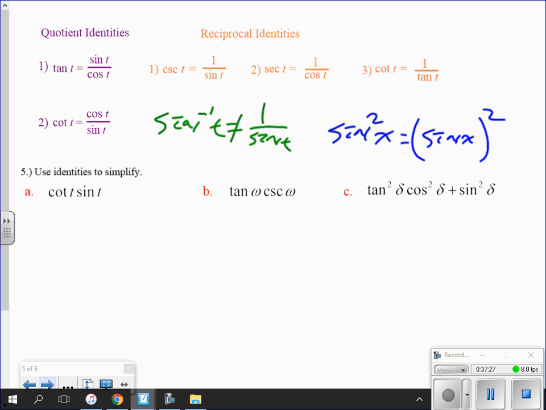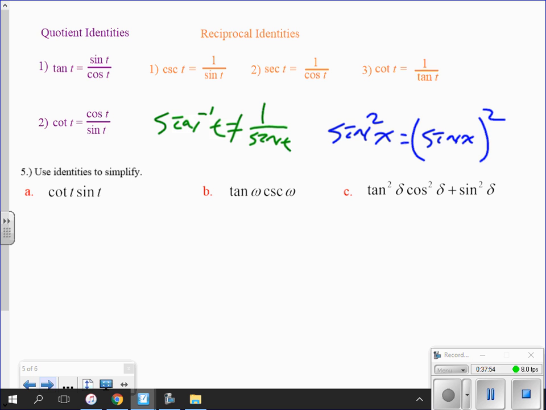It's by convention, you need to know that fact. The inverse sine of t does not equal 1 over the sine of t. Okay? Inverse trig functions are a whole different thing. That's why we have the cosecant and secant and cotangent, rather than writing them to the negative 1 power. We have 1 over the sine, that is the cosecant.